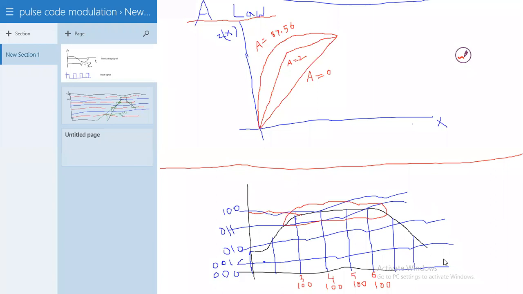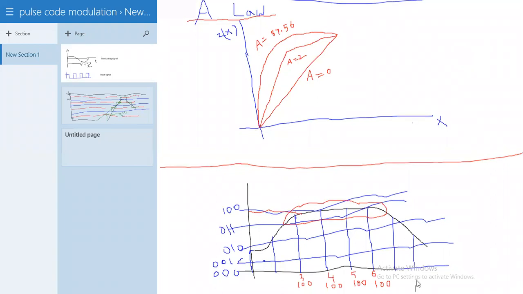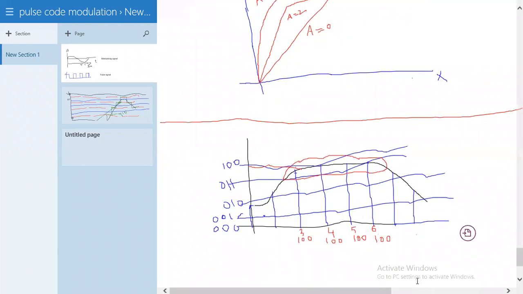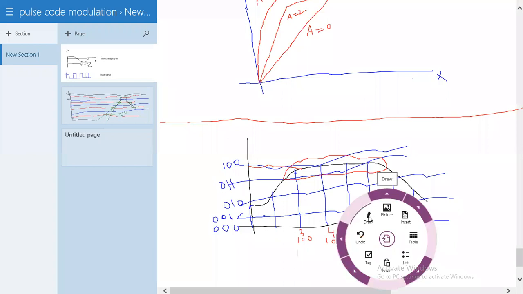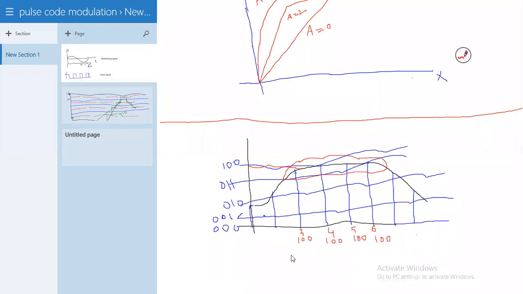Here we can observe that digital codes are same. That means the same code is transmitted 1 0 0, how many times according to this example? 1 2 3 4 times. The same value is transmitted. So this is called redundancy.